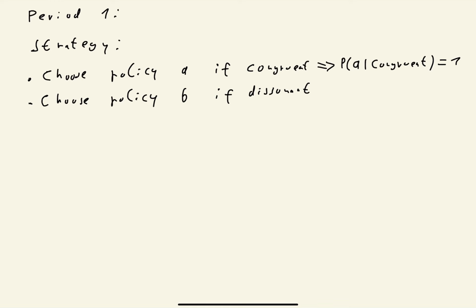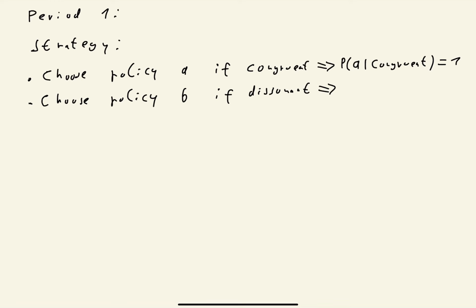So if the incumbent is following the strategy, then from the perspective of the representative voter, the probability that he chooses A, given that he's congruent, is equal to 1. And we will need this in order to calculate the beliefs, the posterior beliefs.